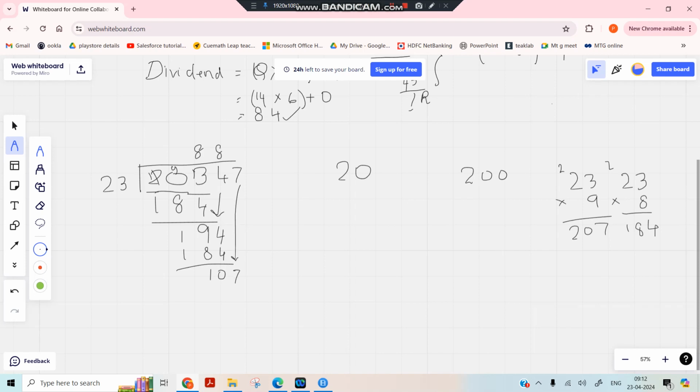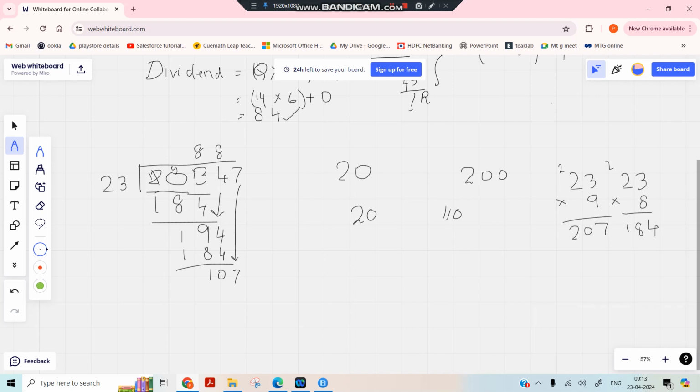Now again you have to estimate. So 107, if you round it off to the nearest tens, it is about 110. And here 23, if you round it off, it's about 20. So in 20's table, where does 110 come? See, 20 times 5 is 100. Okay, so you can try with 23 times 5.